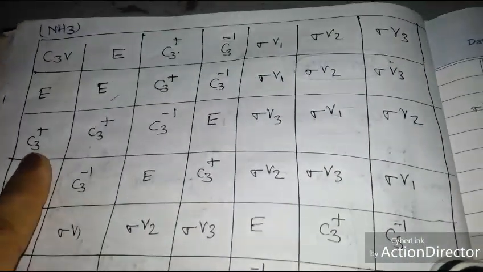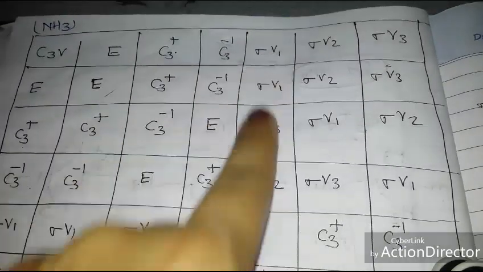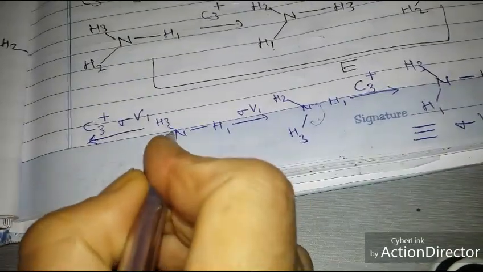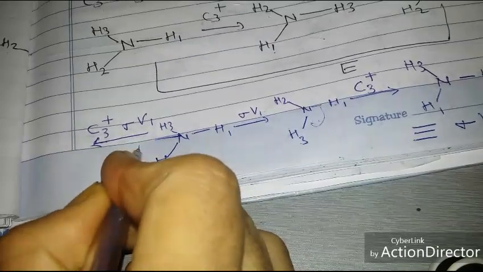Next is C3 and sigma V1, that is giving you sigma V3. Let us do it. C3 sigma V1. Sigma V1 means we are applying this plane over here.